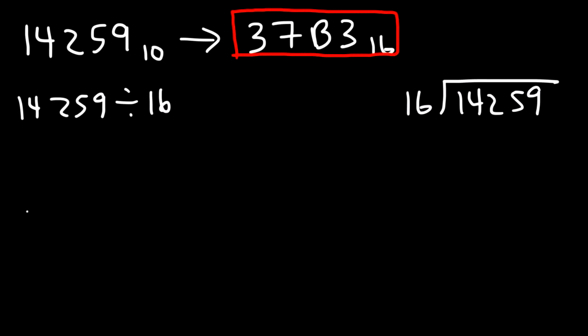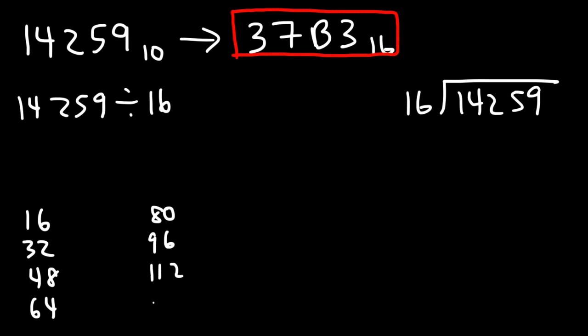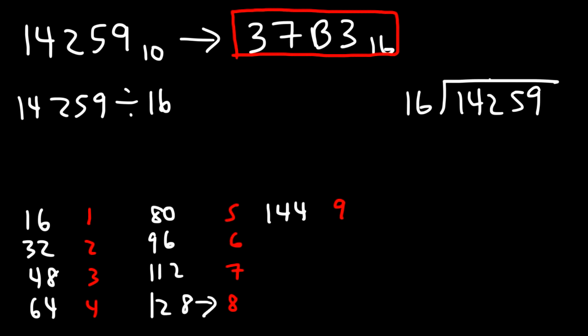Now I'm going to rewrite the list. We only need it up to 9. So this is 1, 2, 3, 4, 5, 6, 7, 8, 9. So 16 goes into 142 8 times.